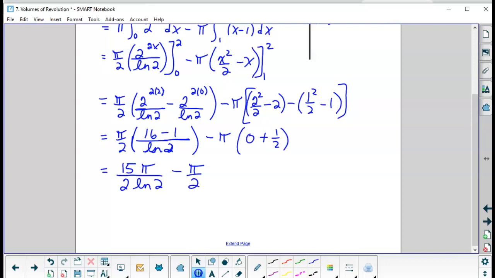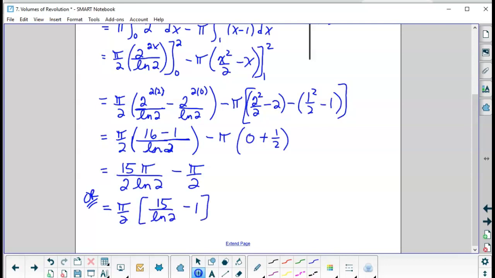Okay, you could show this in different ways. You could factor out a pi, or you could factor out pi over 2, and then you'd have 15 over ln 2 minus 1.